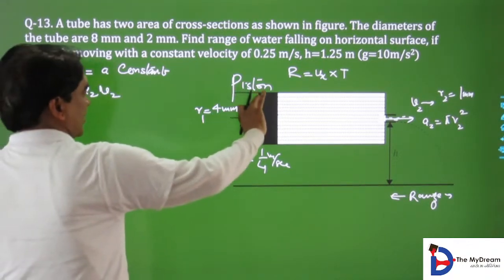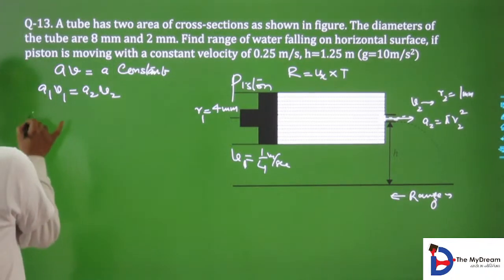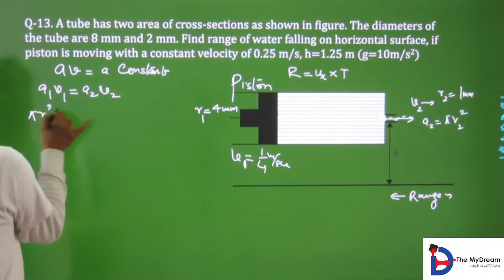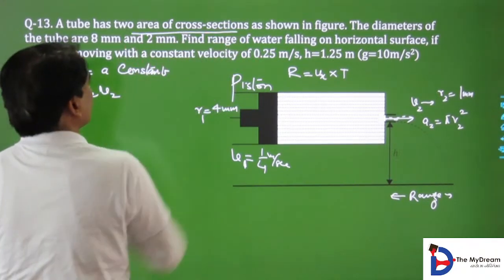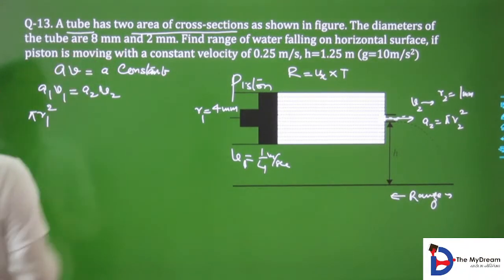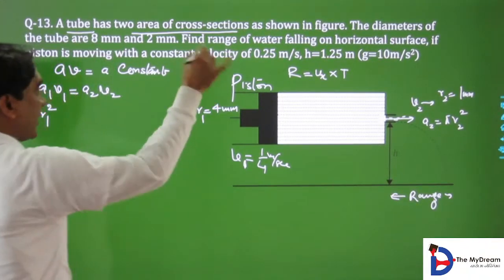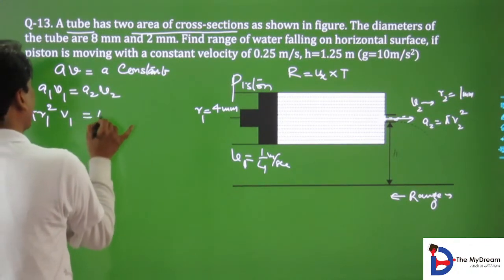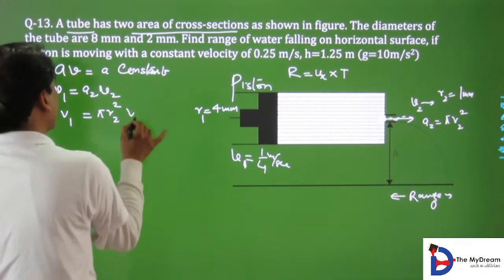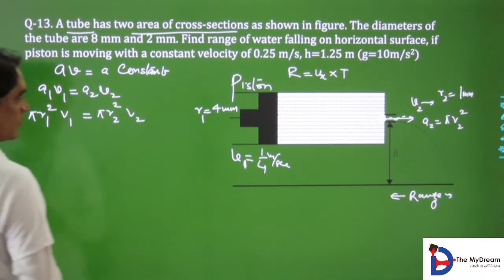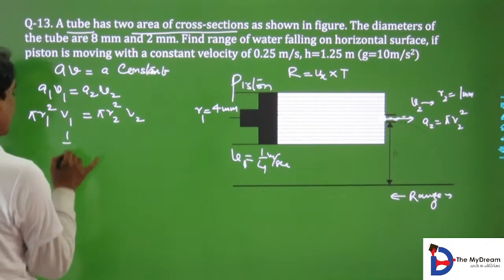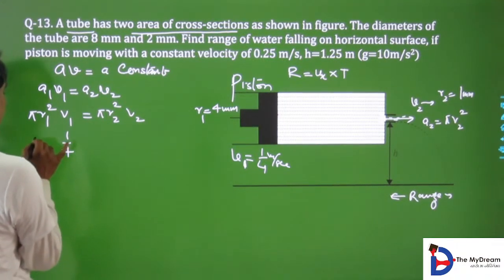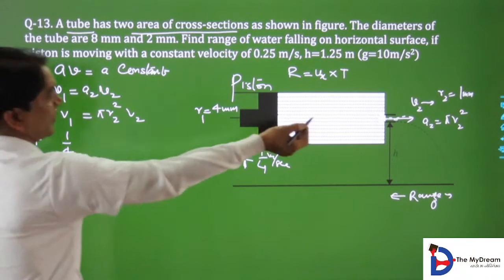This is the piston, and the area of the piston is pi R1 square, because the area of cross section of a tube having the diameter, velocity is V1, pi R2 square V2. Here the speed is given to you, 1/4, radius is 4 mm, so there is no need.